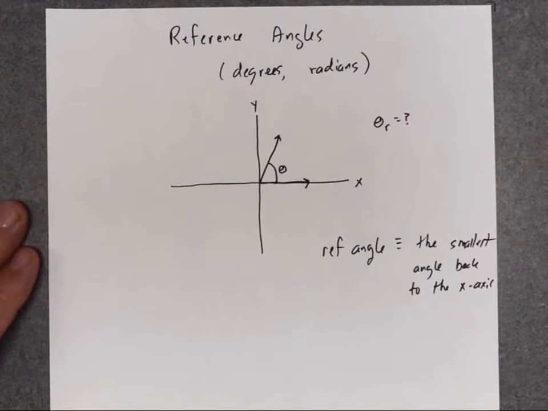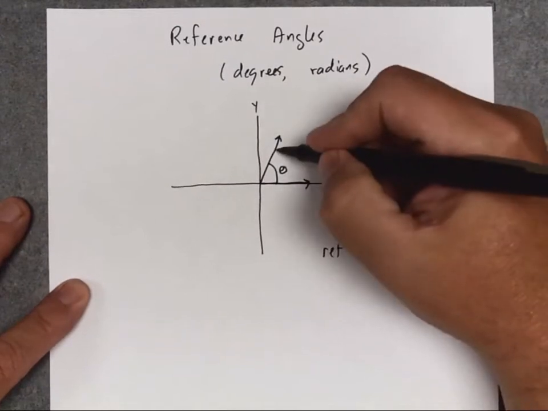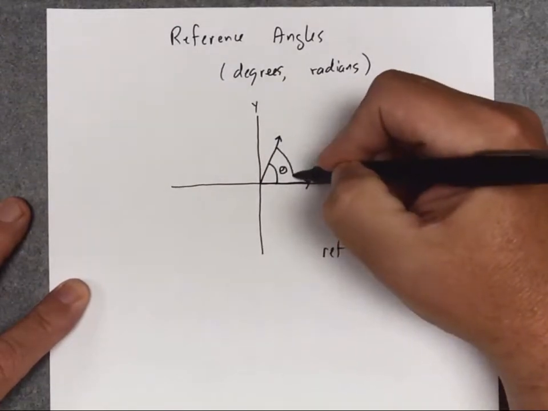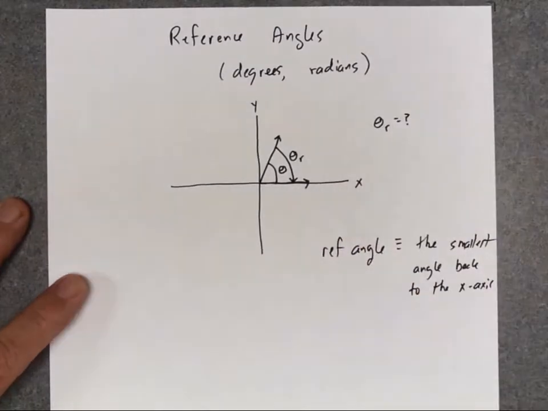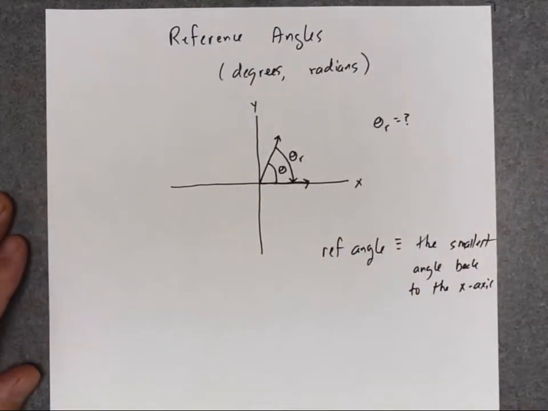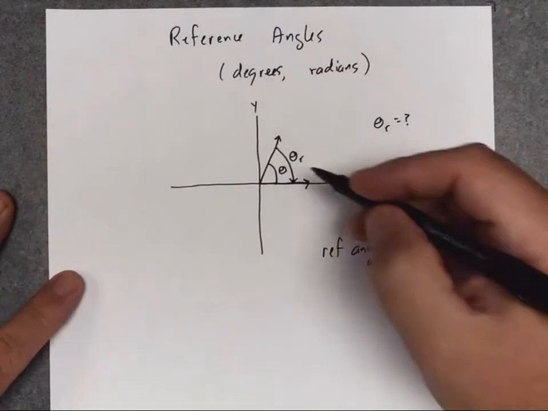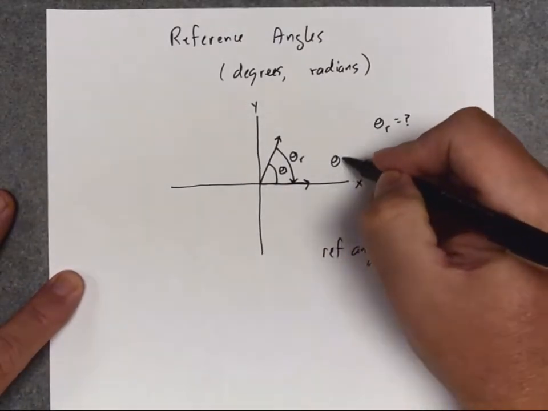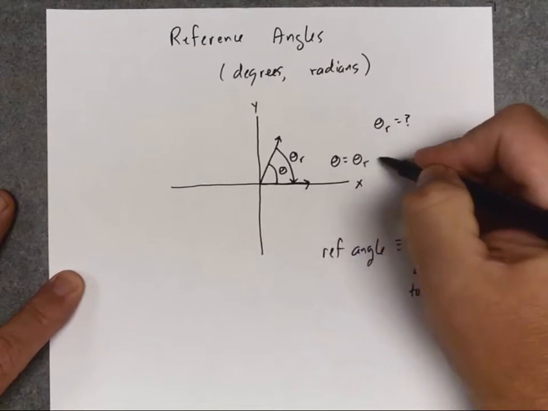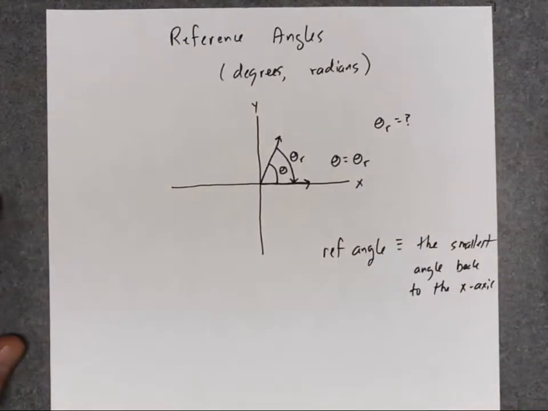Either positive x-axis or negative x-axis. Well, this one's pretty obvious because from here to here, the shortest distance back to the x-axis is right here. So as it turns out for this example, the reference angle is actually my original angle.